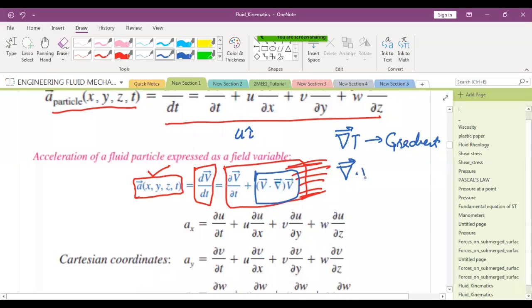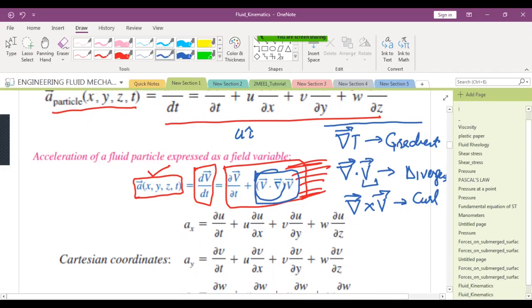This is the divergence of some vector function, and this is called the curl of a vector function. So please remember these definitions. This term is neither divergence, nor gradient, nor curl. Are you clear?